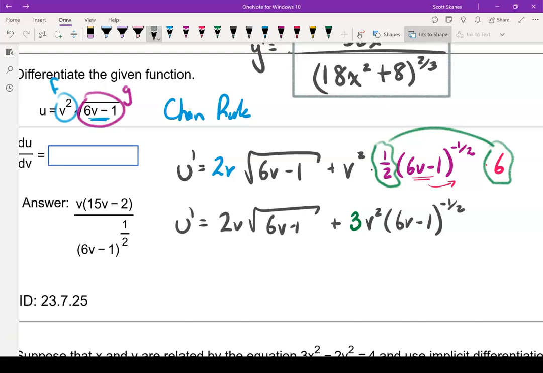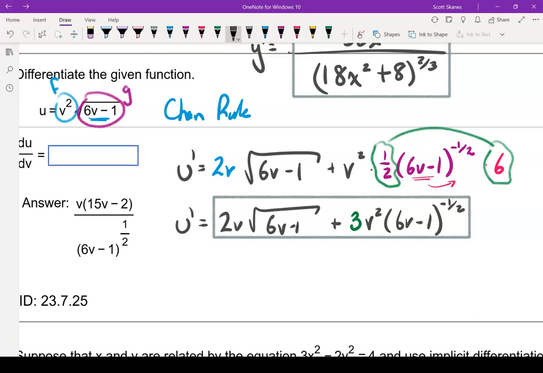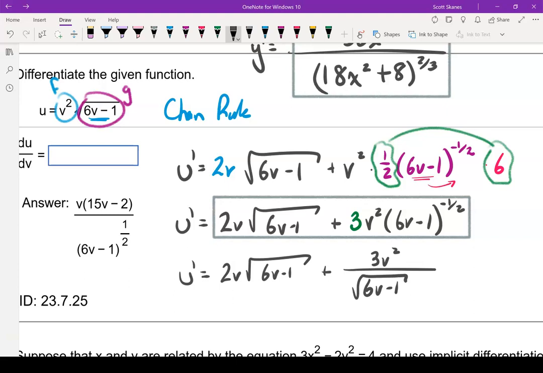That's okay. I'm telling you that negatives in the power are okay for derivatives, just because they do still give the proper slope, so I'm not too picky about it. And if you wanted to rewrite this, this is pretty much what I would expect. So you could keep the constant on top, bring the 6v minus 1 down, and turn it back into a root, if you wanted to go that route.